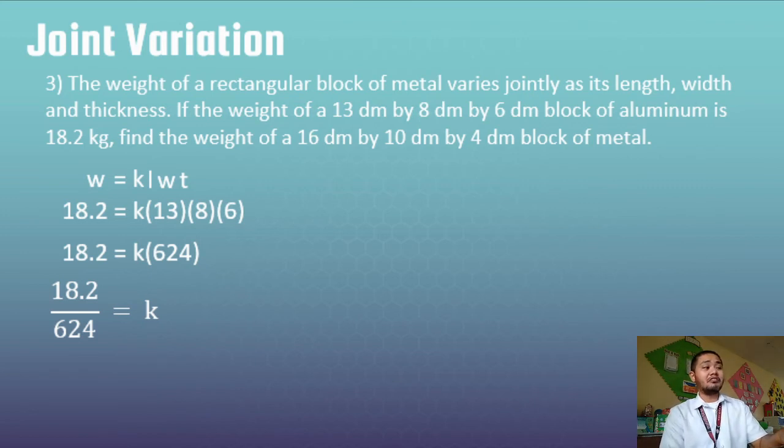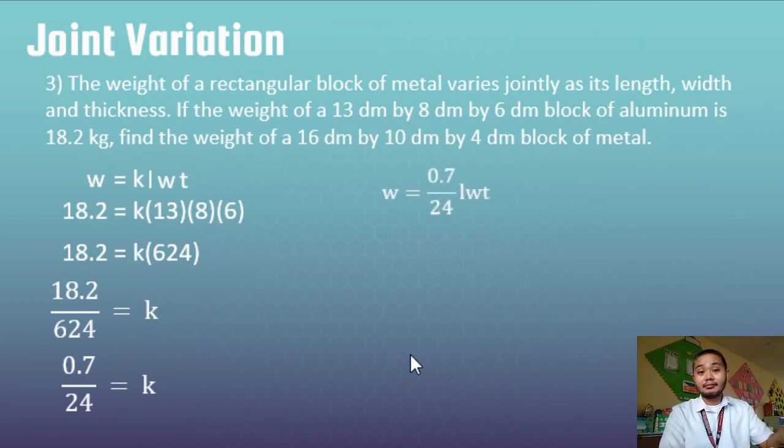Or, pwede mo siyang i-divide by 2, tapos i-divide mo siya by 13. So actually, pwede mong i-divide yung numerator and denominator by 26. So magiging 0.7 over 24 is equal to k. So yan ngayon yung magiging constant of variation natin. Next, identify yung equation of variation, palitan lang yung k. So yung k natin magiging 0.7 over 24.